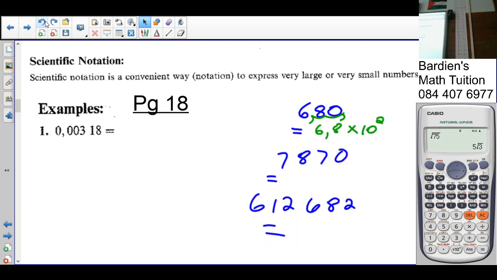Remember, in scientific notation, there must be one number before the comma, other than 0. Okay. Yes, Michael.